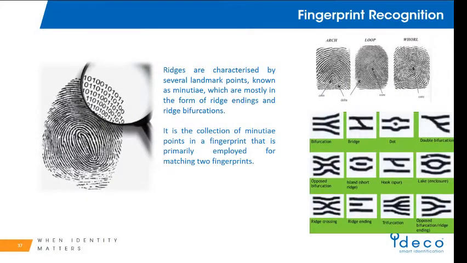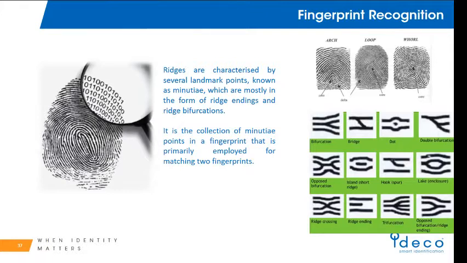If you look at fingerprint recognition, which is still one of the most widely accepted biometrics, typically, if you look at your finger, you'll see there are different landmark points known as minutiae where the ridges end. You can see a variety of ridge endings. I've got some pictures on the right-hand side.